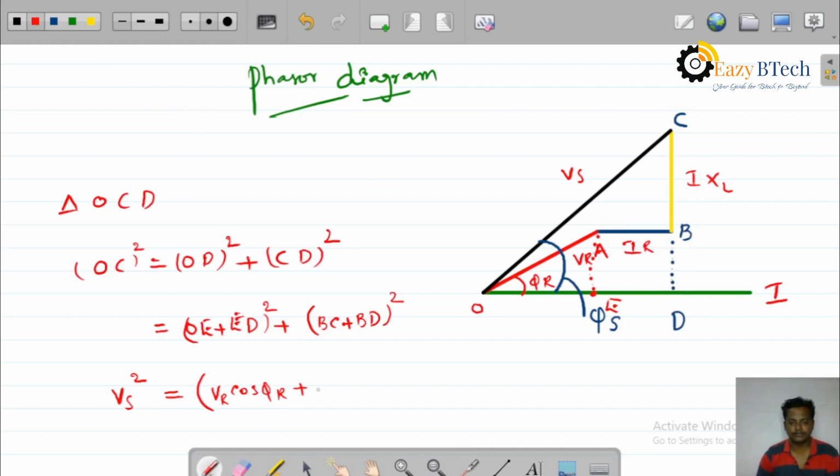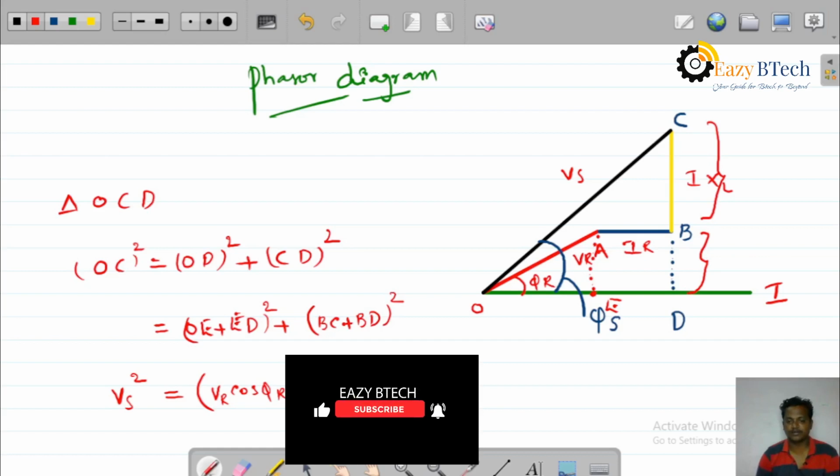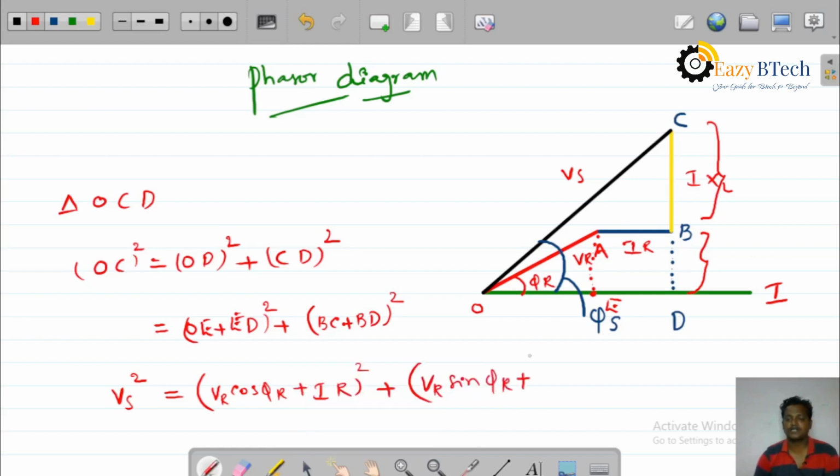Therefore, it is (VR cos phi r plus I into R) whole square plus BC is I into XL, BD is VR sin phi r. So, (VR sin phi r plus I into XL) whole square. Okay.